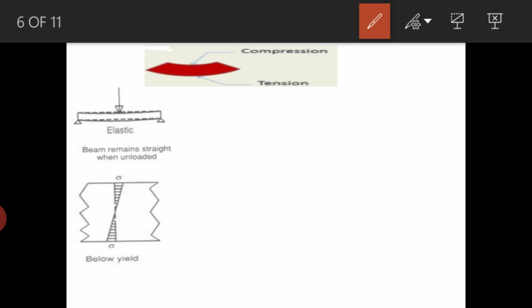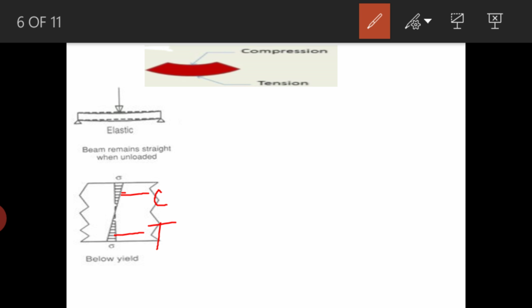That is, if you take here, this upper part is subjected to compression and the lower part is subjected to tension. So the upper part induces a compressive stress and the lower part induces tensile stress. So this is the first stage, when the load is applied and removed, the beam remains straight when unloaded, and the stresses in the beam will be well below the yield stress.